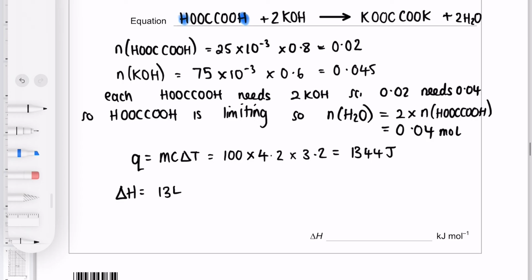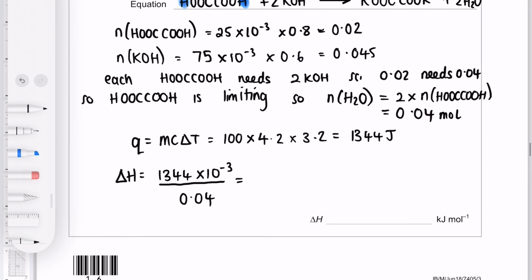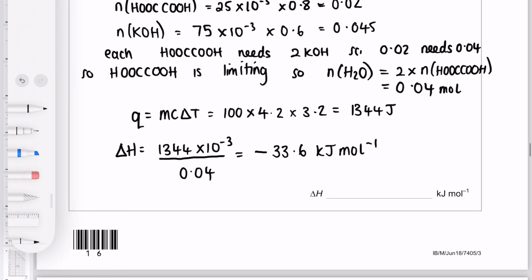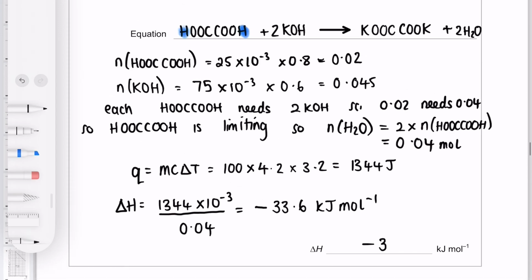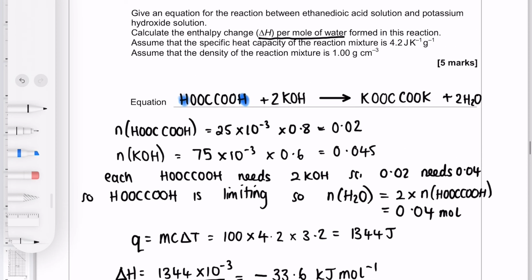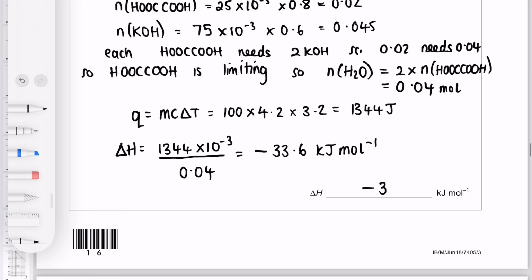So I want to turn my joules number into kilojoules and divide by my moles of water, which I worked out was 0.04. And I've typed that in my calculator and I'm going to get 33.6 kilojoules per mole. But remember that the temperature rose, so I now need to insert the minus sign to show it's exothermic. And let's just check if we needed specific significant figures, which it doesn't ask for. So I'm going to stick to my 3, minus 33.6.